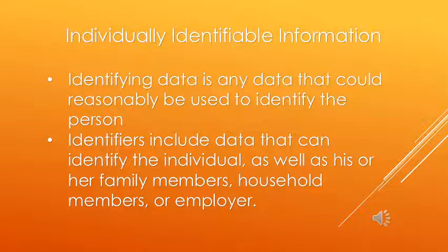The definition of individually identifiable information is not limited to just the data that might be used to identify the person. That definition also includes any information that might be able to be used to identify the person's family members or other members of the person's household or that person's employer.